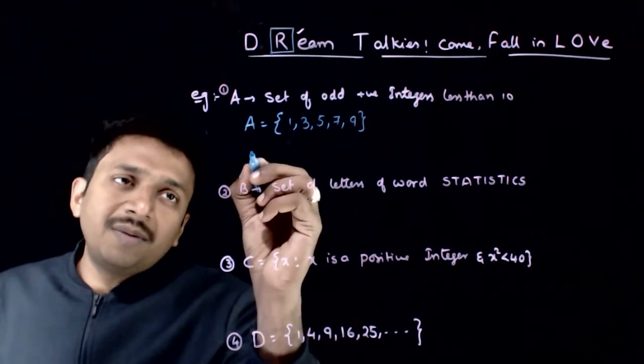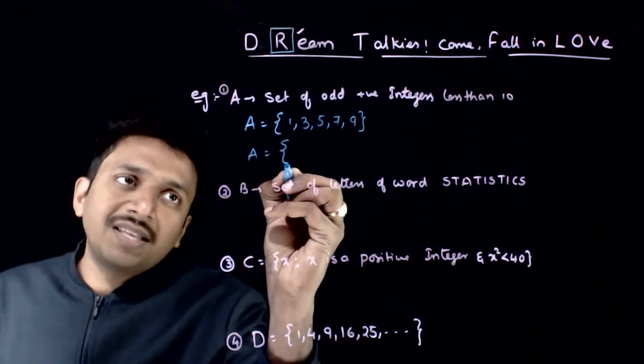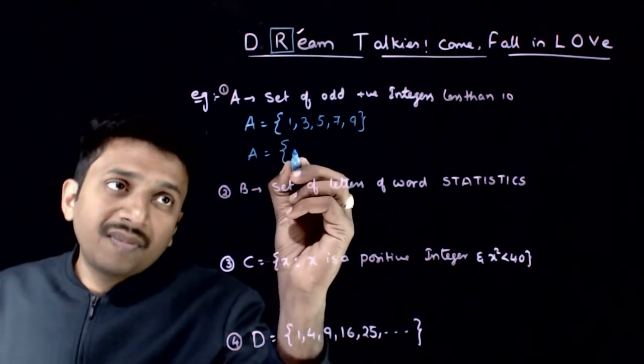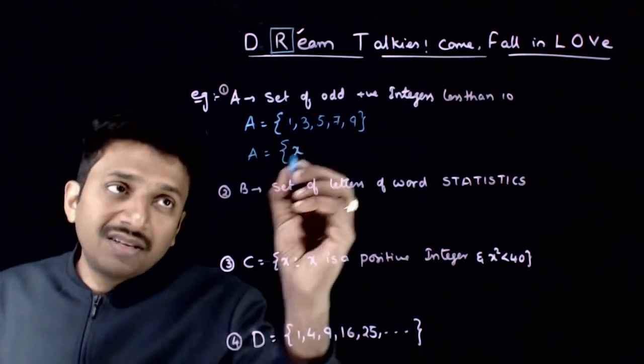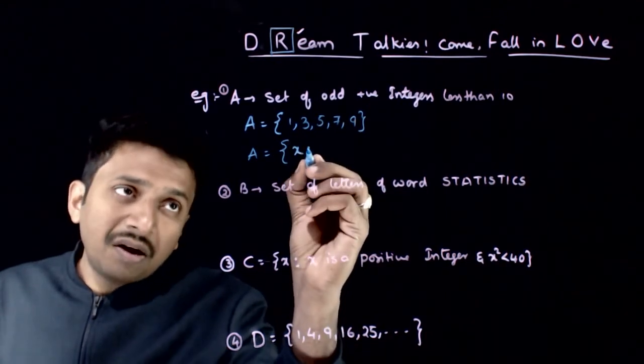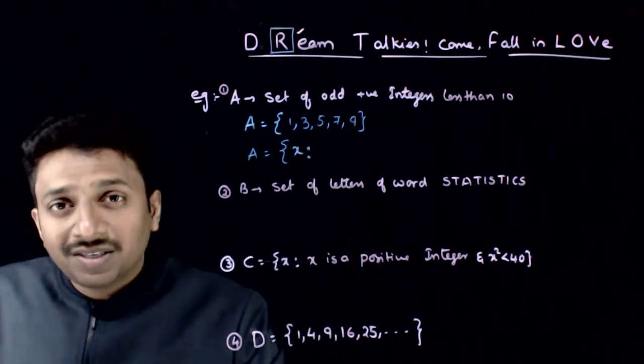So what will be the set builder form for this? Set builder form is nothing but a set containing an element x such that. This can be represented by a vertical line or a colon also. Both represent the same thing.